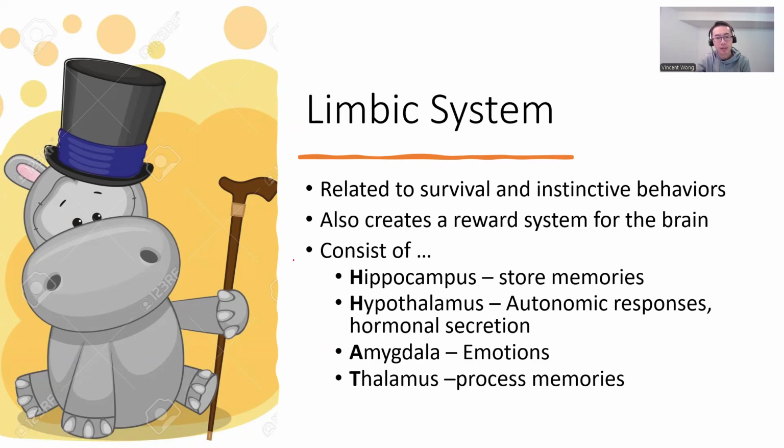So to remember it, think of a hippo, as in the hippocampus, hippopotamus, the hippo wearing a hat, okay, H-A-T. So hippocampus for storing long-term memory, hypothalamus is for a lot of the autonomic processes that are happening, secreting hormones that make you feel a certain way. There is the amygdala.